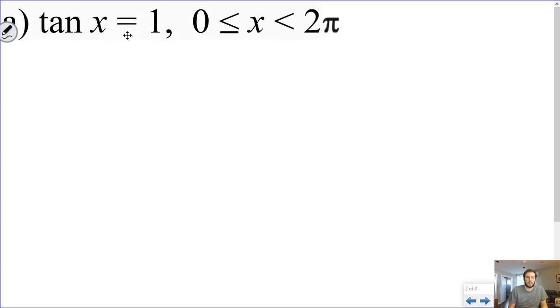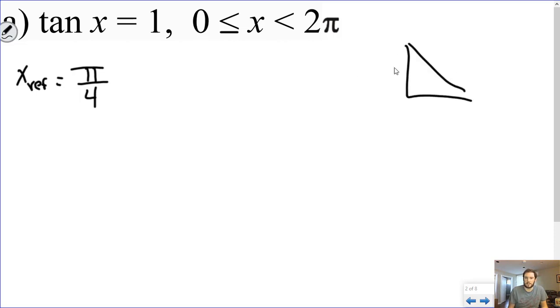In this case, we use our special triangles to say that tan x is equal to 1 when we're talking about pi over 4. That would be our reference angle, pi over 4, because the pi over 4 triangle is 1, 1, root 2, so 1 over 1 gives us the 1 we're looking for.